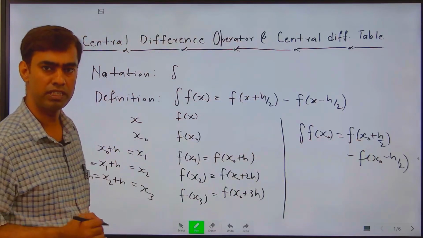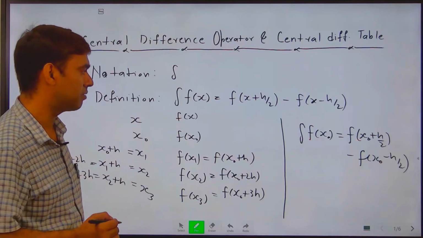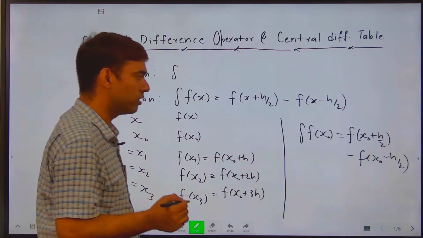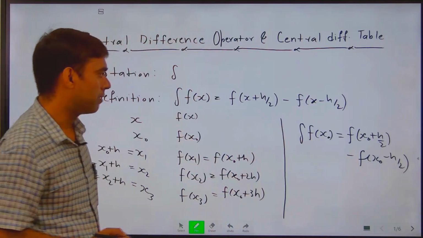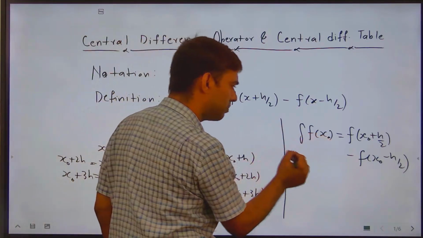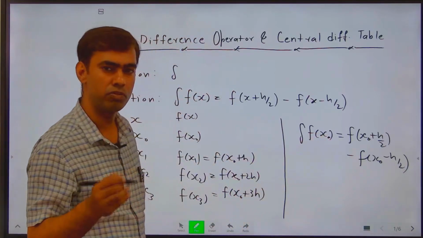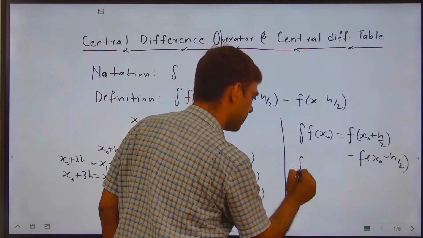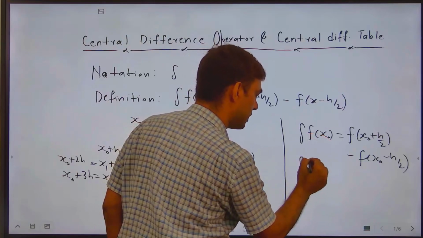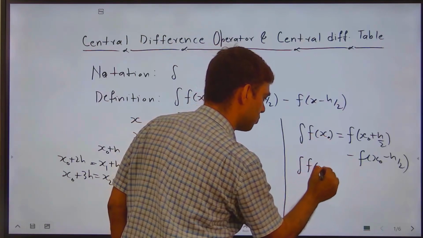Then how do we define the first order central difference? To define the first order central difference of f(x0), we replace x0 by x0 plus h by 2. So in place of x0 we write x0 plus h by 2.